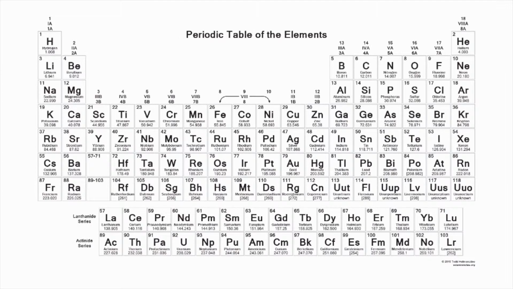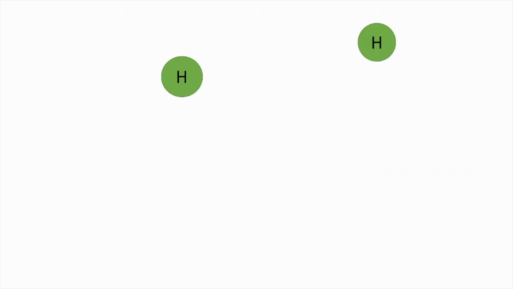As an example, let's look at a package of hydrogen gas. Hydrogen is element 1 on the periodic table, and you can see that in addition to the full name, there is a symbol, H, and so we're going to use that to delineate what our package looks like. So hydrogen atoms actually don't come by themselves.